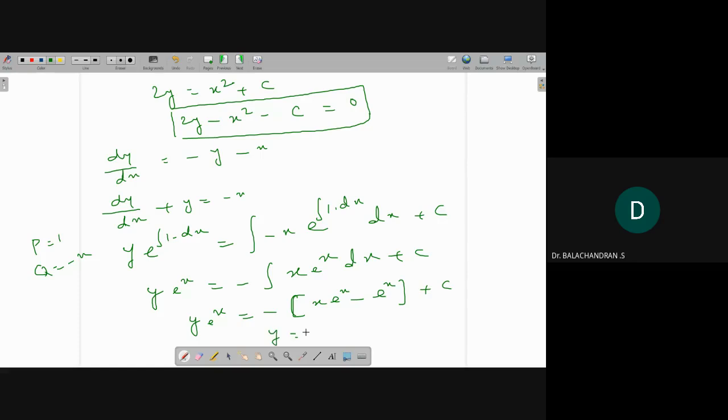So y equals minus x plus 1 plus c into e power minus x, or y plus x minus 1 minus c into e power minus x is equal to 0.